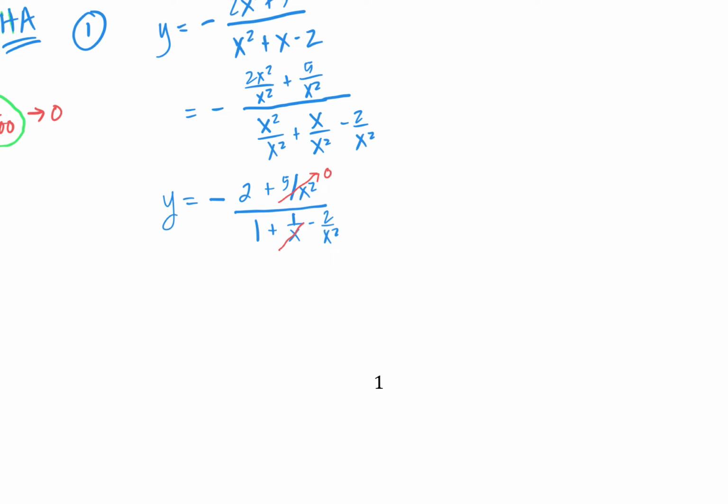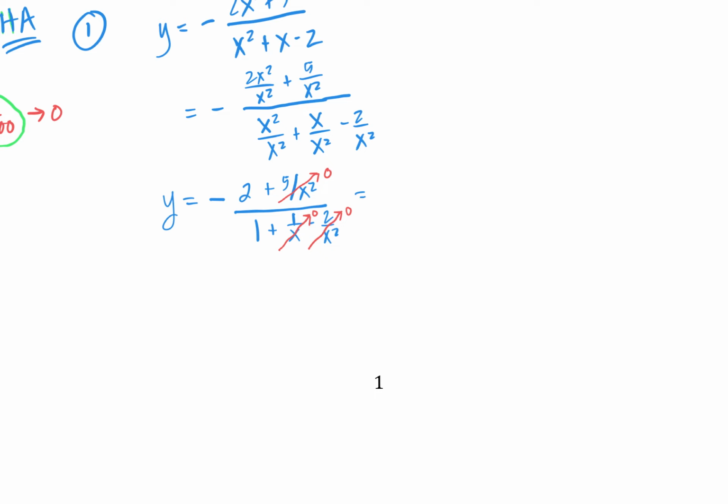So 1 over x, as x gets bigger and bigger, gets closer to 0. It wouldn't matter if x is negative infinity or positive infinity; you would still be getting closer and closer to 0. That's an abstract idea, and sometimes it's a little difficult for people to understand.